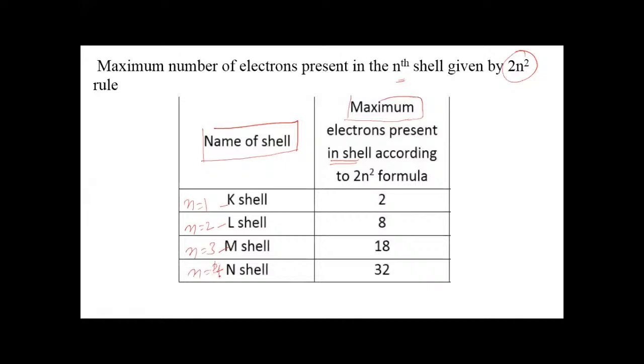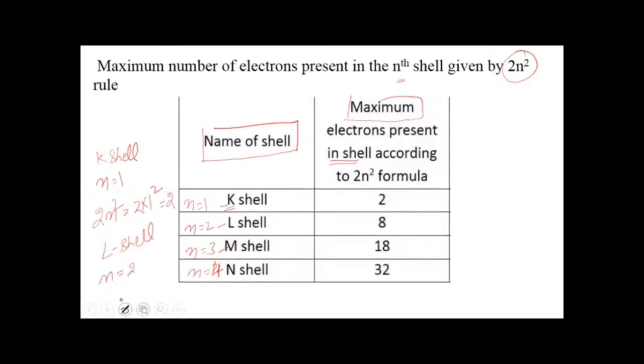So we will calculate the number of electrons in the K shell. In K shell, the n value is equal to 1. According to the formula, 2n square is equal to 2 into 1 square, the value becomes 2. For L shell, the n value is 2.